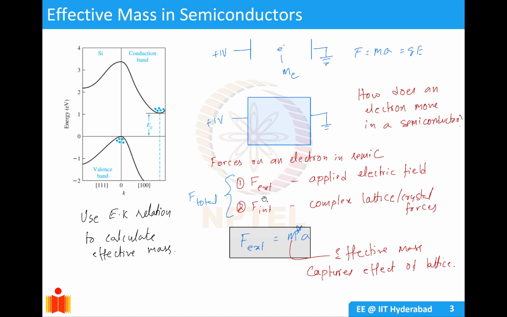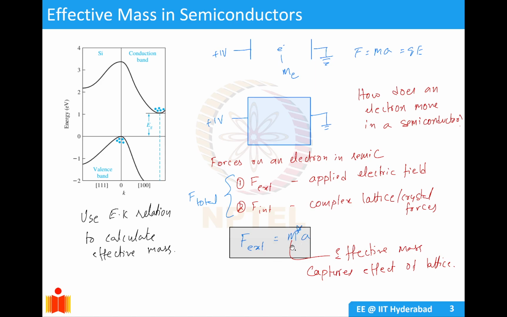But the internal forces from the lattice are very complex and cannot be calculated. So we only consider the external force, and the effect of the internal force is then accommodated in the m star. So then we can write F external equals m star a.